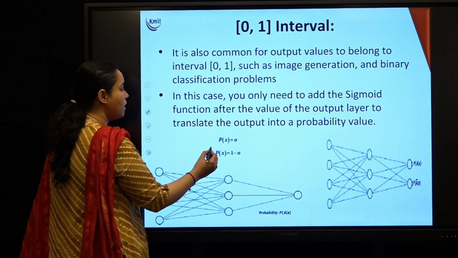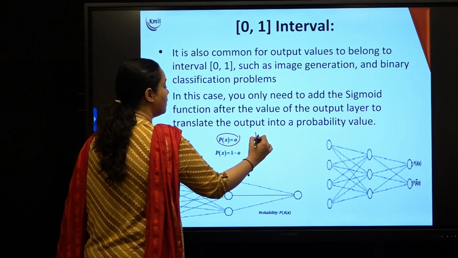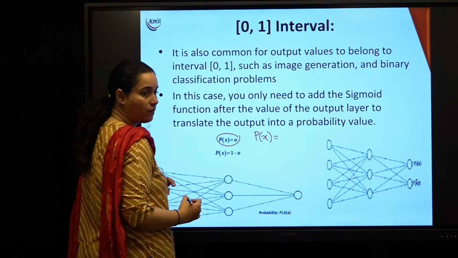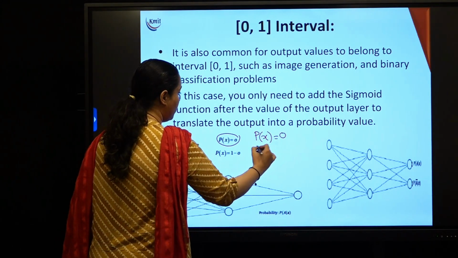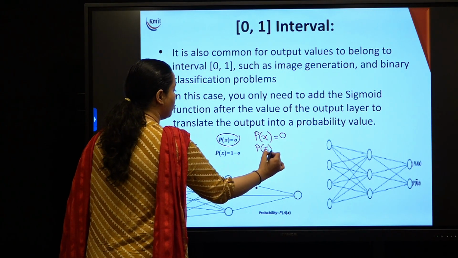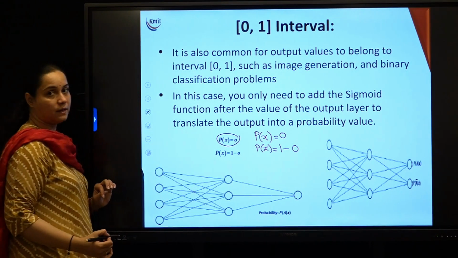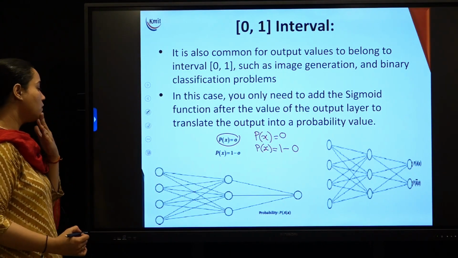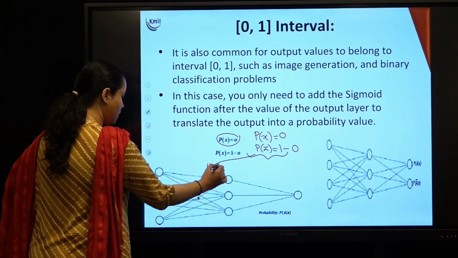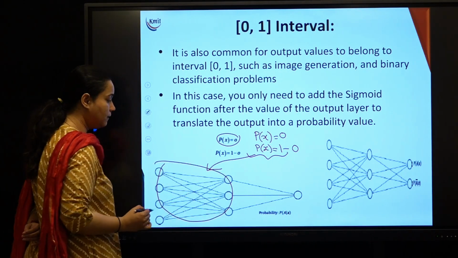So how would your output be? The output you received at your output layer, after passing through the sigmoid function, you will write as P of x, which is the probability of that particular class, or else it can also be the probability of not that class, that is 1 minus P. For this case, the neuron model will be like this. There will be some hidden layers which you are not bothered about.